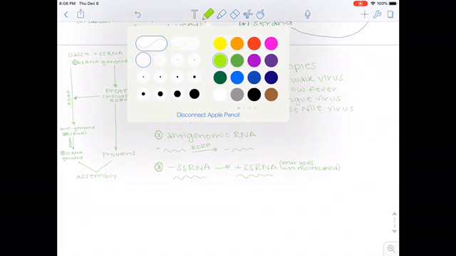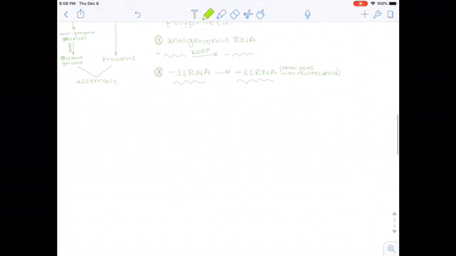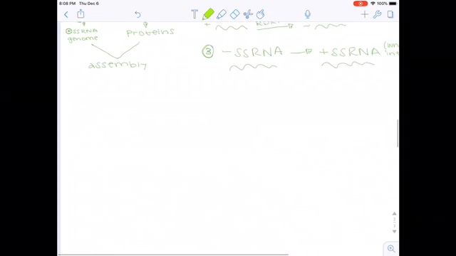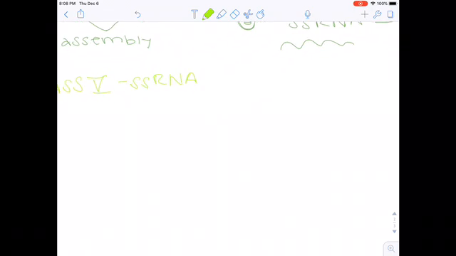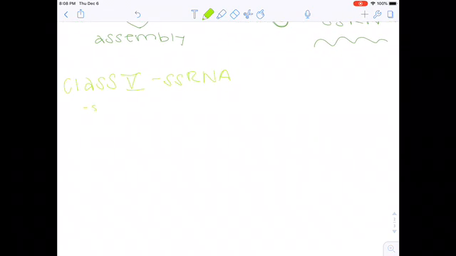So we are going to change colors, come down here, and move on to class 5. Now class 5 is negative sense single-stranded RNA. So I'm going to go ahead and write the process out, just like all the other ones. So we start with the negative sense genome that comes within the virion.